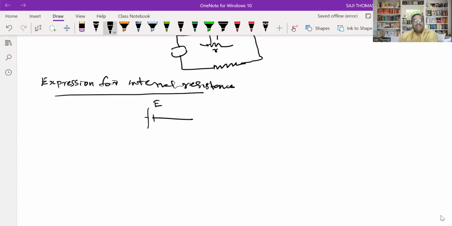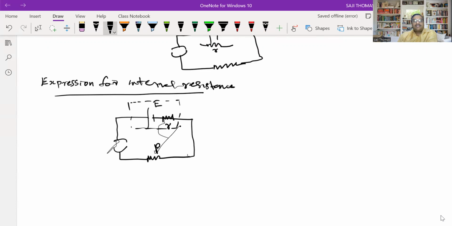EMF is E. There is a key connected here. This is the external resistance. Here, internal resistance, small r. External resistance, we use the letter capital R. This is the external resistor. Put the key.